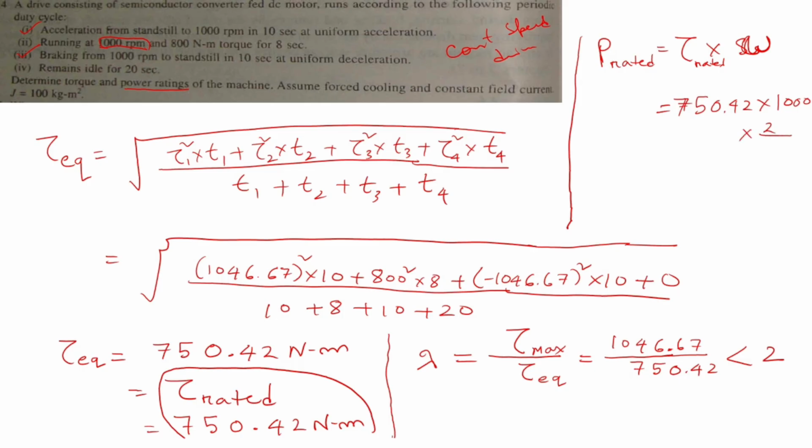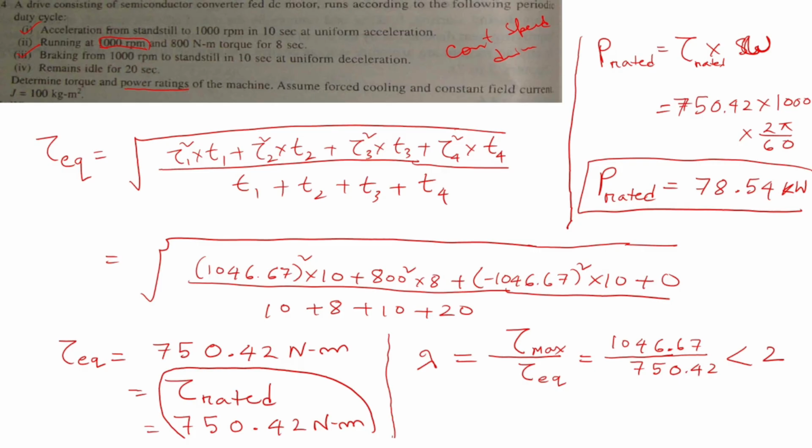We have to multiply by 2 pi by 60, and when we solve this, we get the power rated to be 78.54 kilowatt. So this is the answer of this problem. So tau rated, that is the torque rating, is 750.42 Newton meter, and the power rating is 78.54 kilowatts.